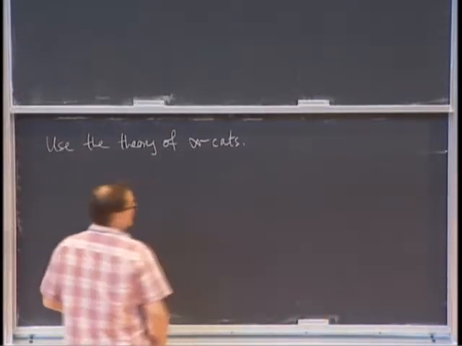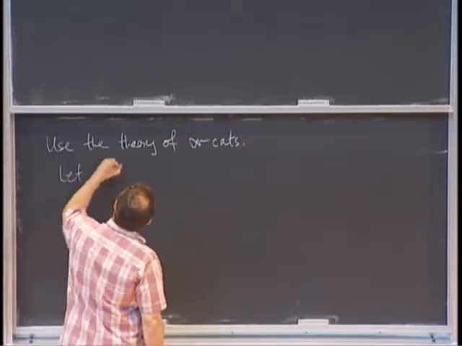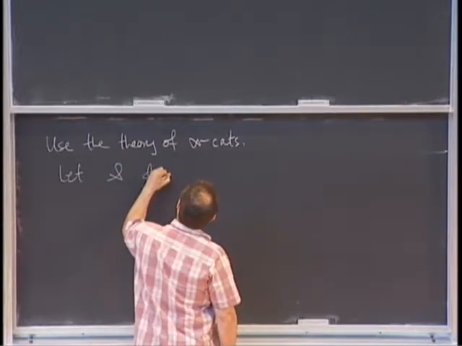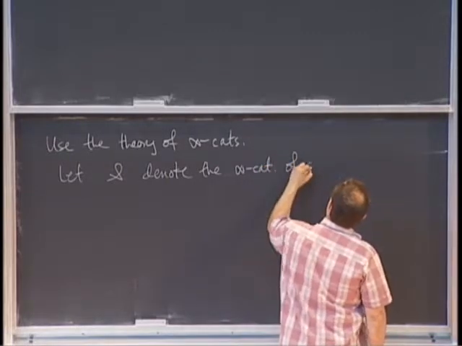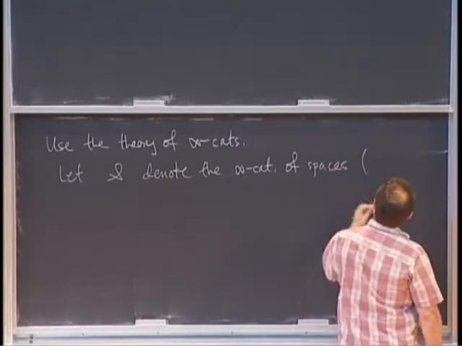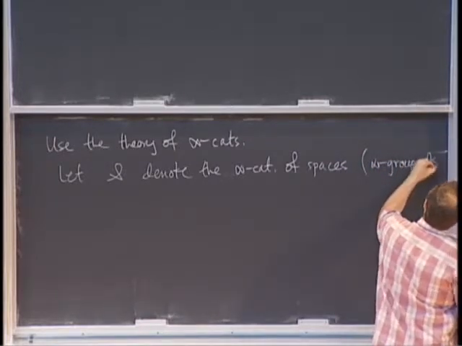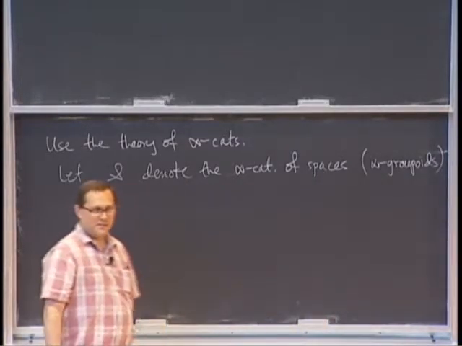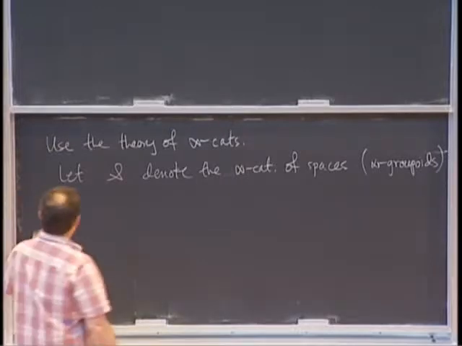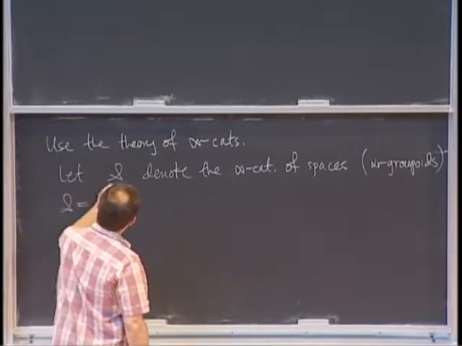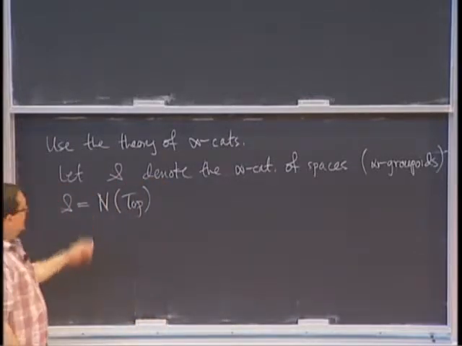Let me give you the main example of this. So I'm going to let script S denote the infinity category of spaces, which we also sometimes call infinity groupoids, following the homotopy hypothesis that Chris mentioned in his talk. And if you want a specific definition of this, you can take the nerve of your favorite model category of spaces, like topological spaces.